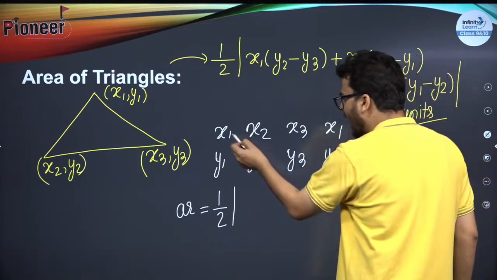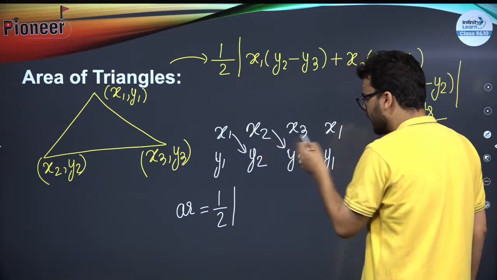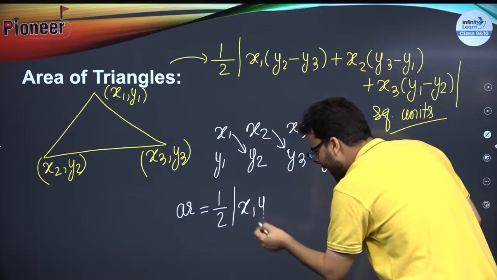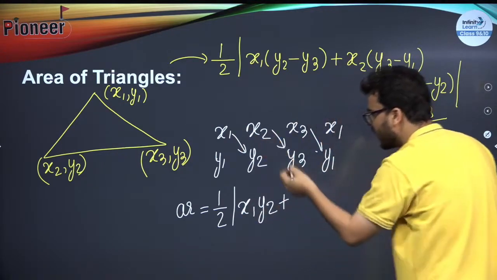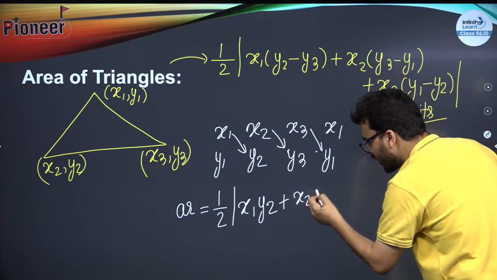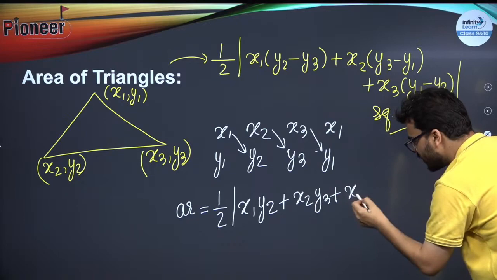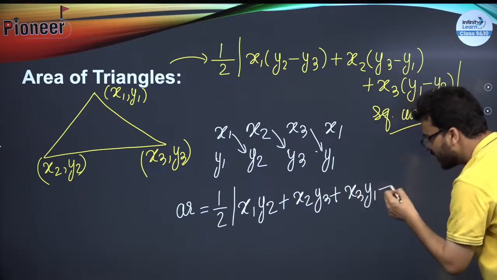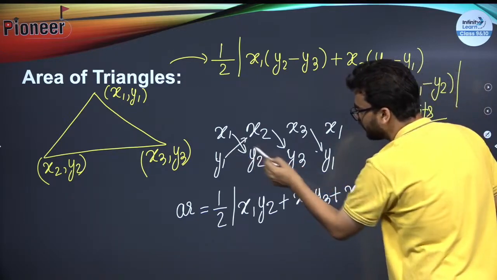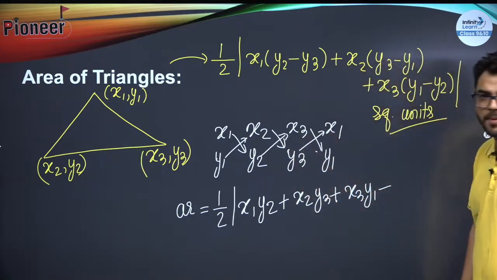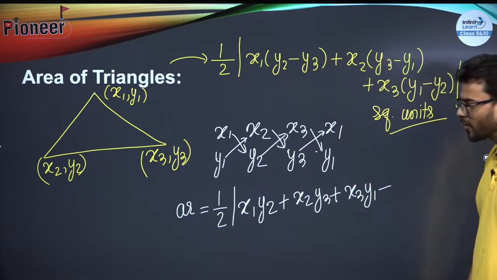Then you have to add the downward arrows. Downward arrows means multiply x1, y2 plus x2, y3 plus x3, y1, and then you have to subtract the multiplication of the upward arrows. That's how you remember the formula to find the area of triangles in coordinate geometry.